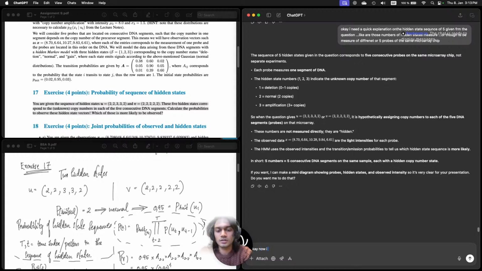Okay. Now in the equation for the probability of a hidden state sequence, it starts with the P initial.